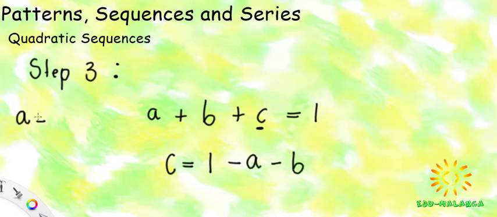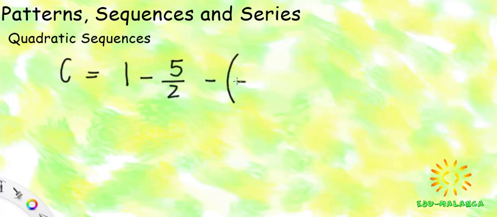Our a is equal to 5 over 2, and our b is equal to negative 11 over 2. Let's substitute them into the equation. What we get is that c is equal to 1 minus 5 over 2 minus, open brackets, negative 11 over 2.